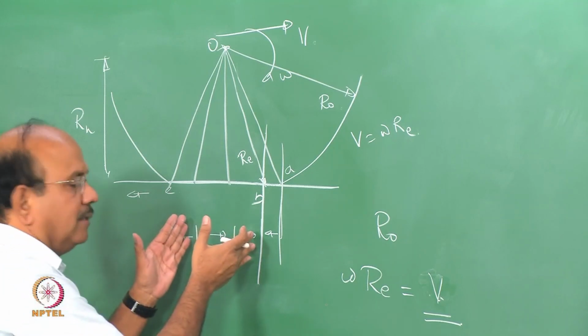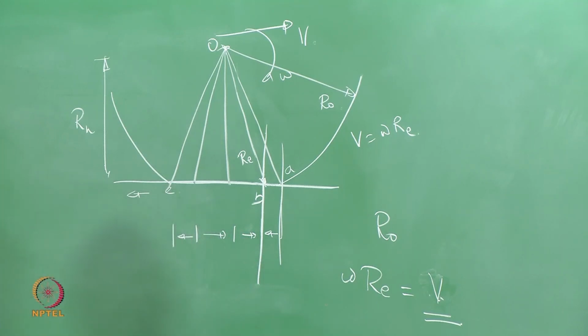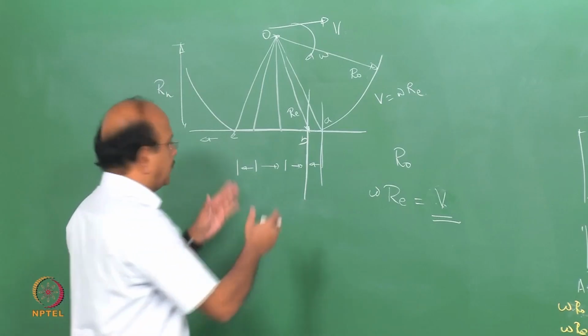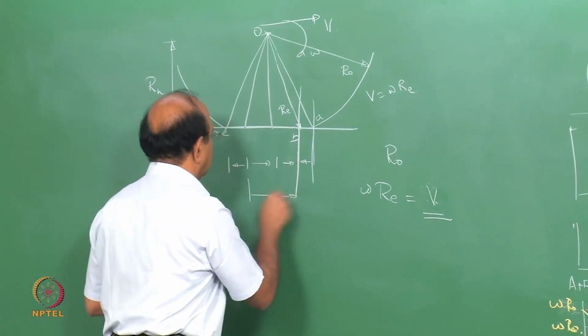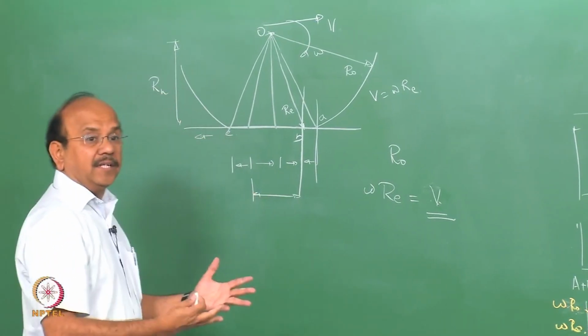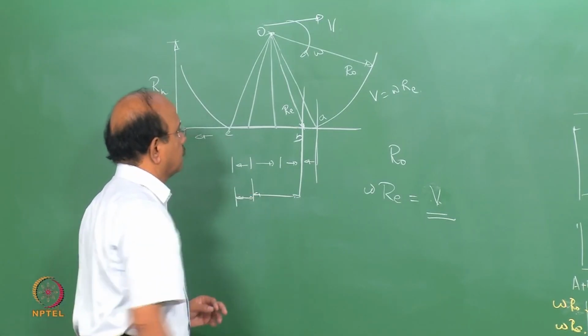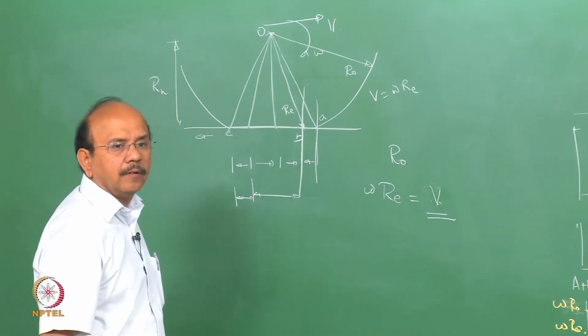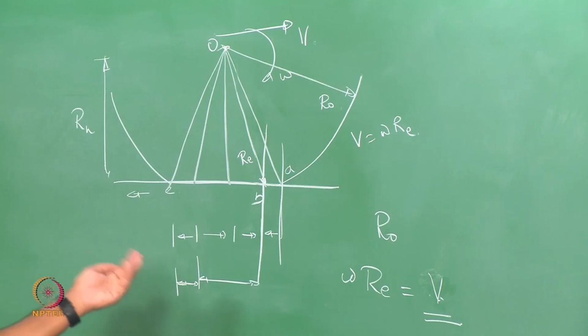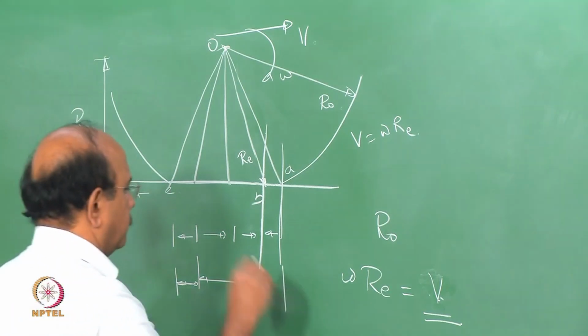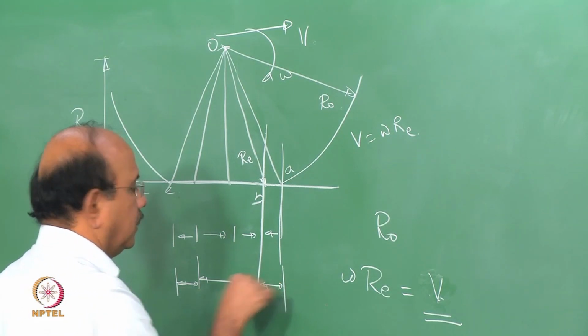Then there is a region where the radius is less than RE, and again a region where it is greater than RE. So there are three regions in the contact patch.